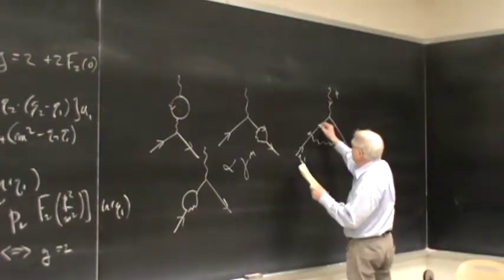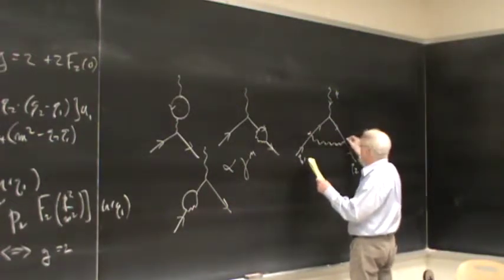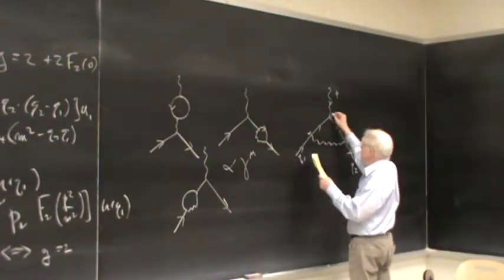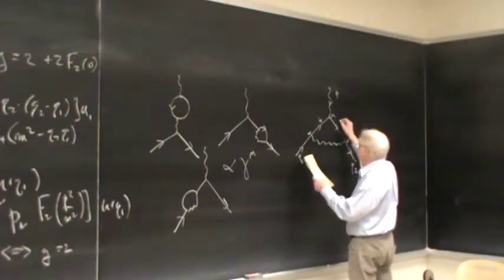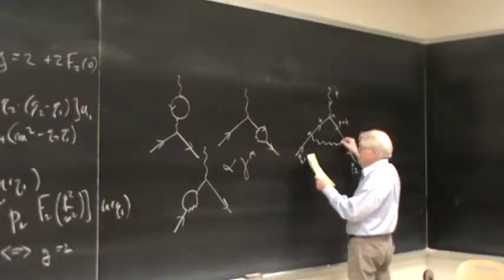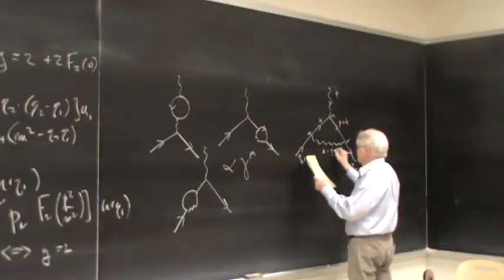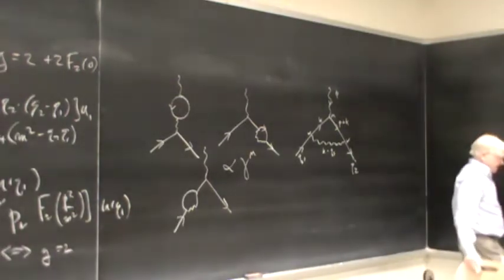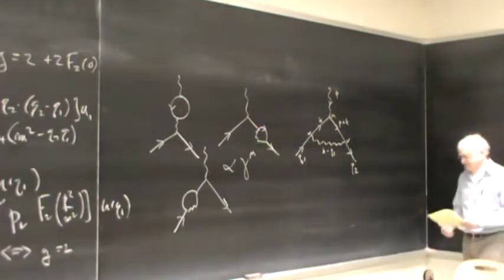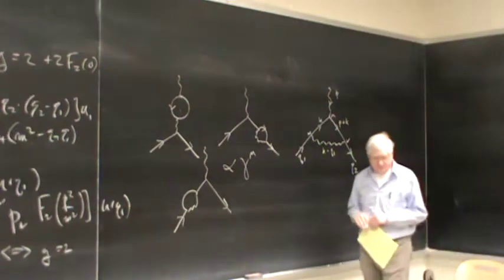Anyway, I'm going to put a vertex alpha there, nu here, mu there, call this k, p plus k, k minus q1.